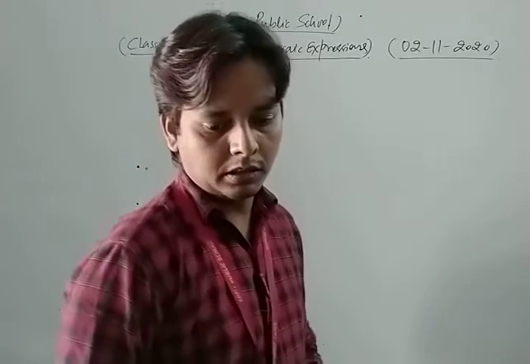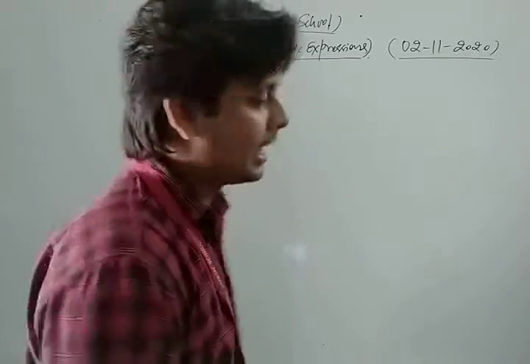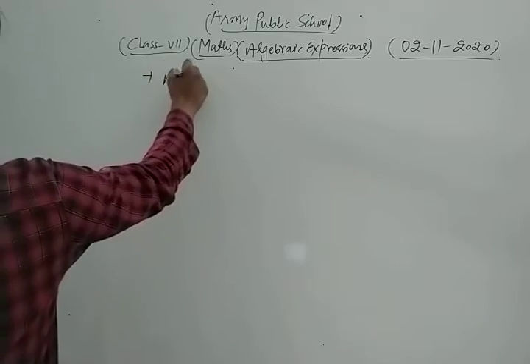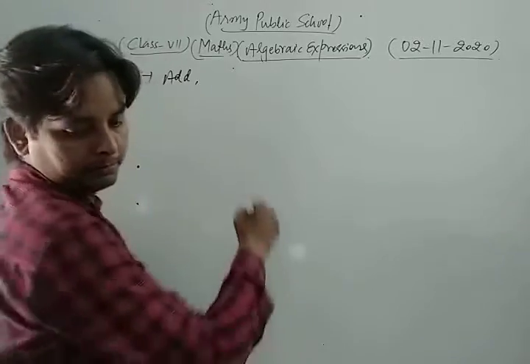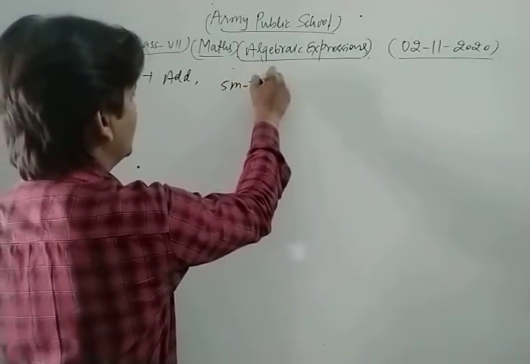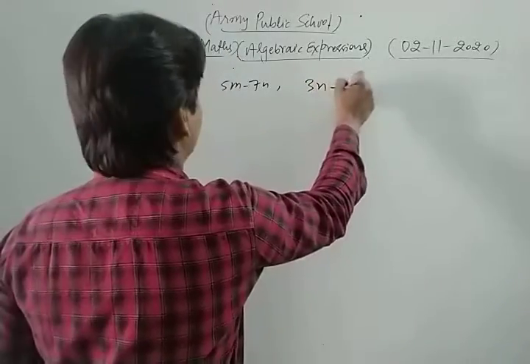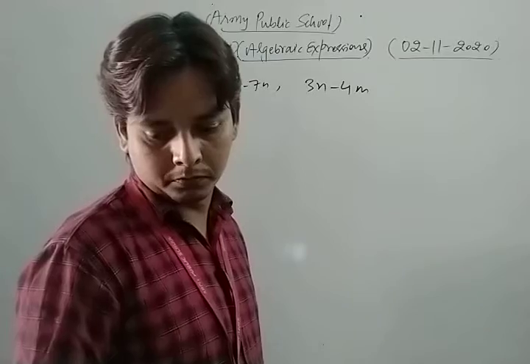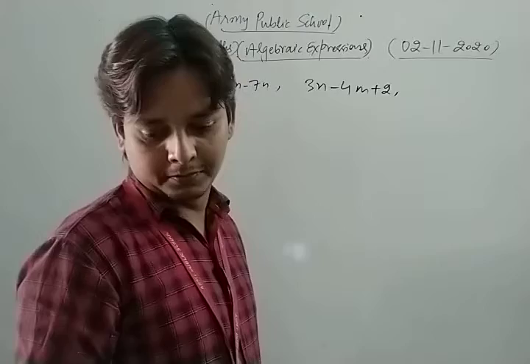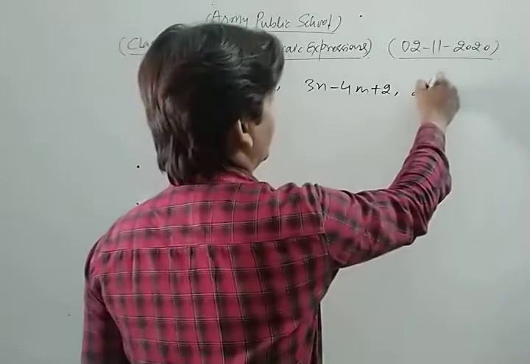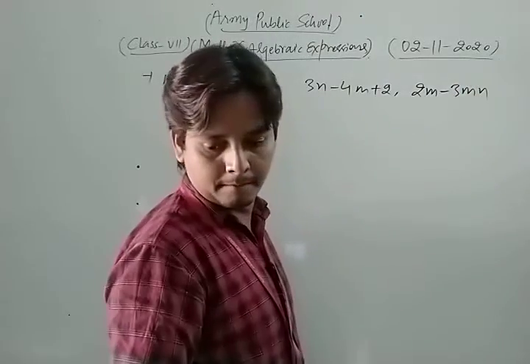Now our question is: add 5n minus 7n, 3n minus 4n, 3m minus 4m plus 2, and 2m minus 3mn minus 5.